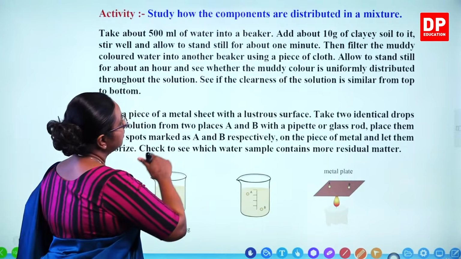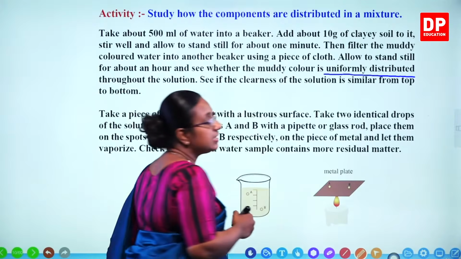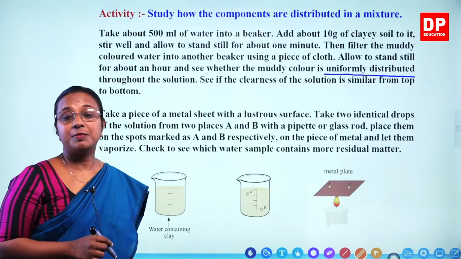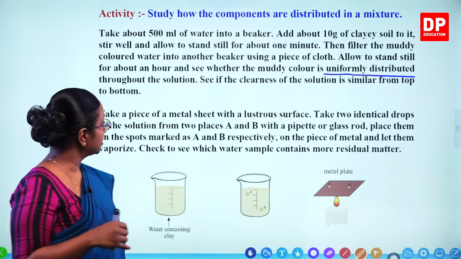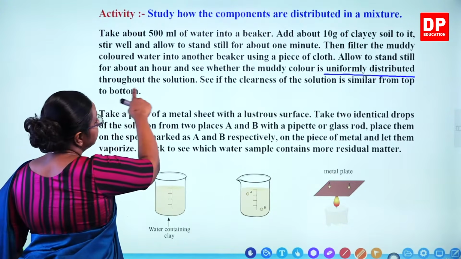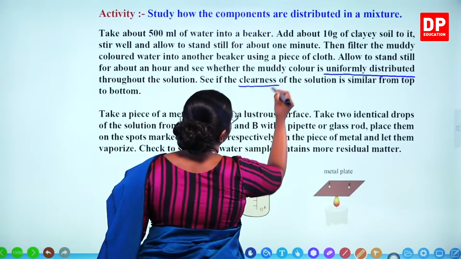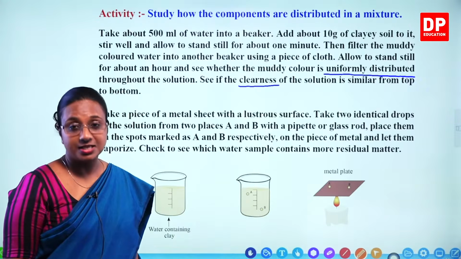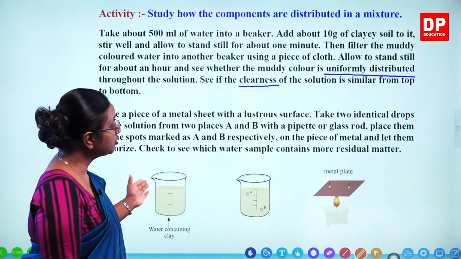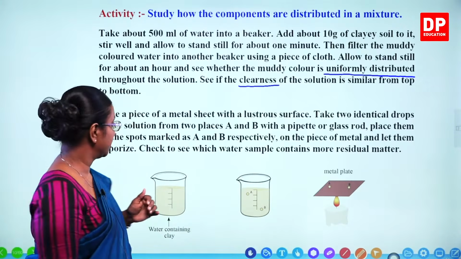So here we are going to observe the uniformity in distribution of the particles, those are the components of the mixture, whether it's uniform throughout the solution, and also we have to observe the clearness of the solution. I am sure you are very familiar with these observations.